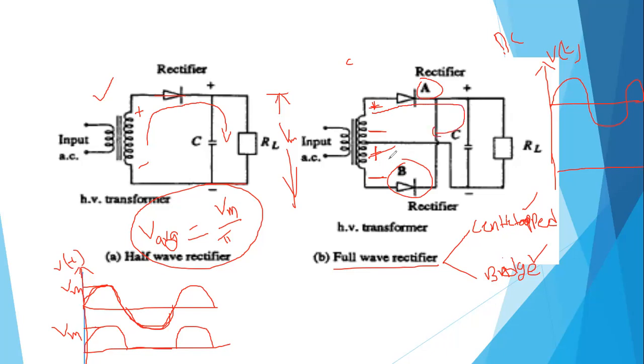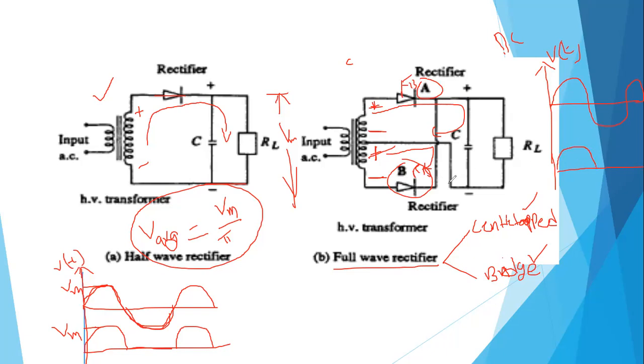In this also the current passes through like this, but in the opposite direction, right? Then rectifier B will be reverse biased and this is forward biased. So the positive cycle circuit becomes like this.